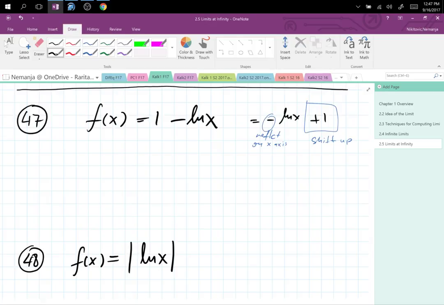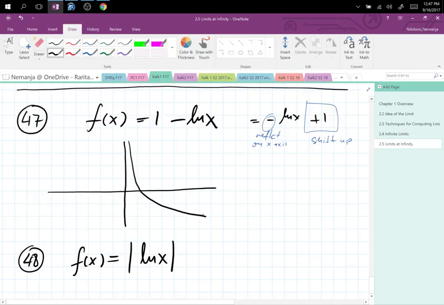So to graph this by hand, I'm going to reflect and then take this point and shift it up, so the graph actually looks like this.